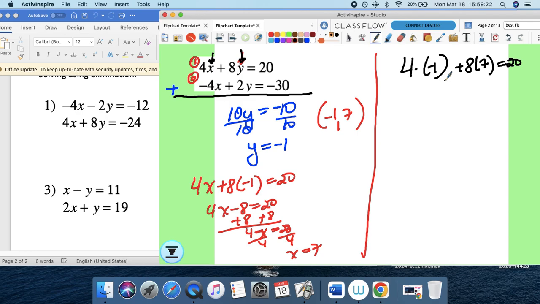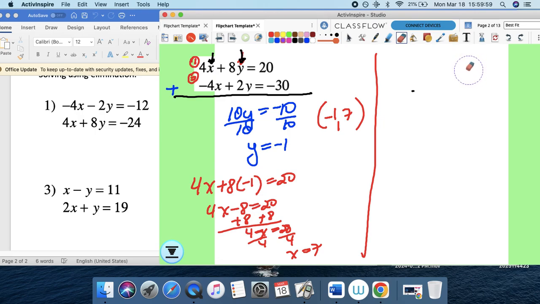Where did I mess up? 10y, 20, negative 10, that equals y equals negative 1. This doesn't look correct, because 4 times negative 1 is negative 4 plus 8 times 7 is 56, which equals 20? We can tell right off the bat that's not going to work. So I messed up somewhere.